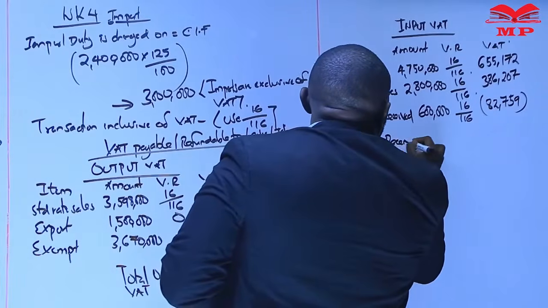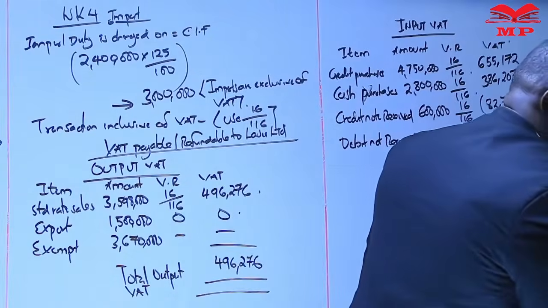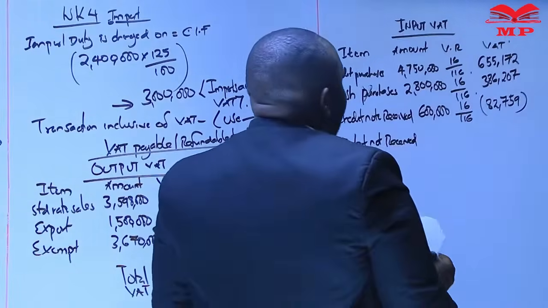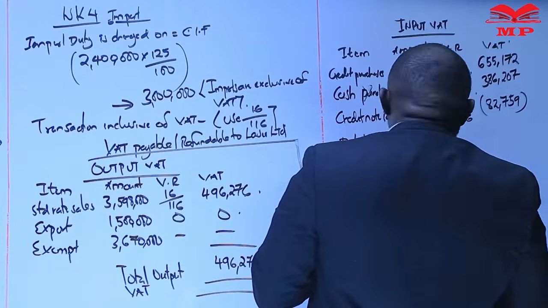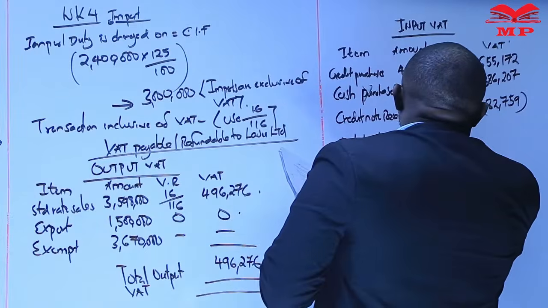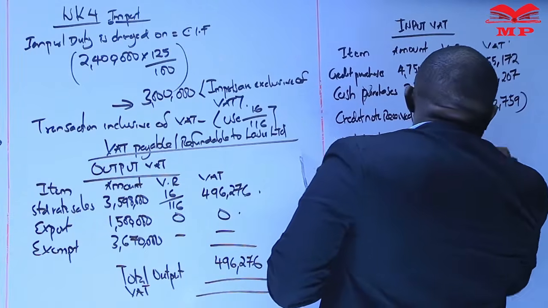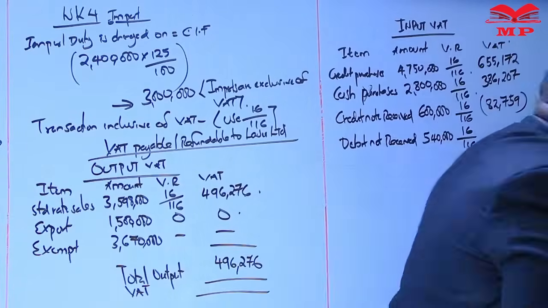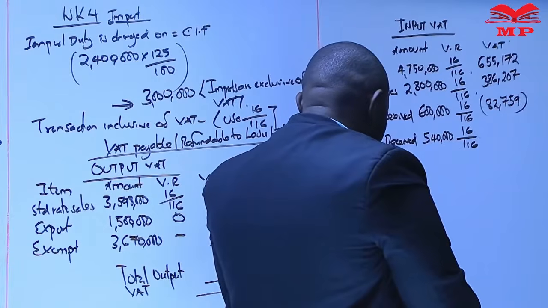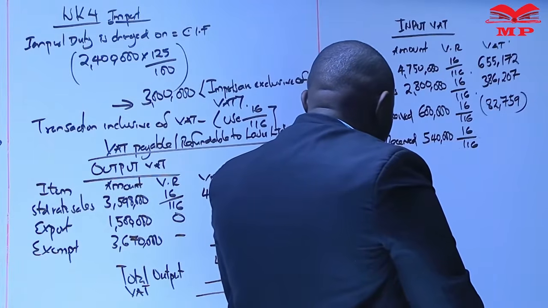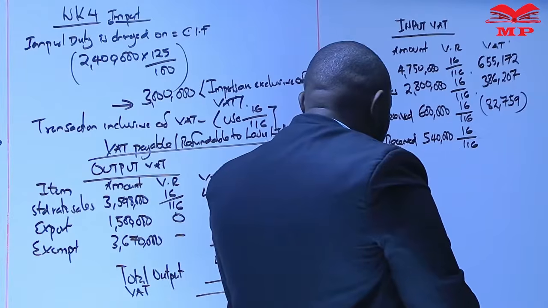Then debit note received. That is used basically to correct an undercharge. An undercharge should increase the purchases. So we have a figure of 540,000, times 16 over 116.